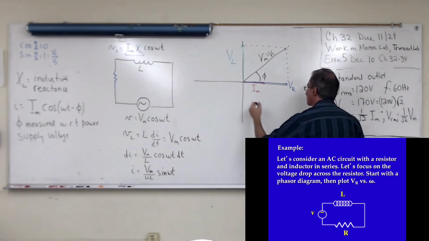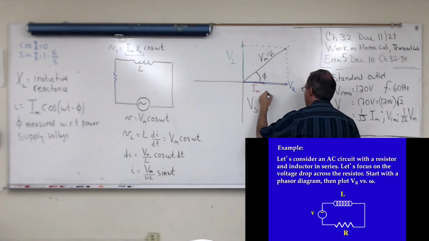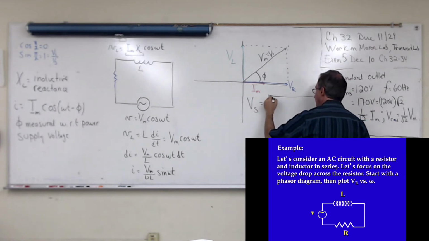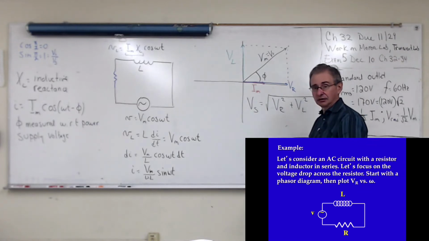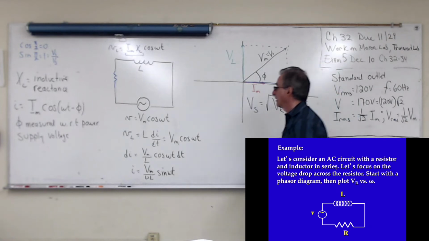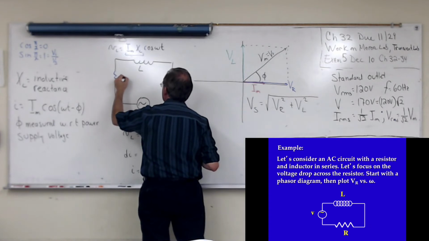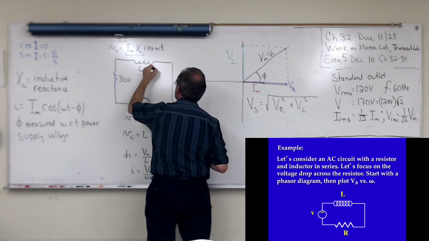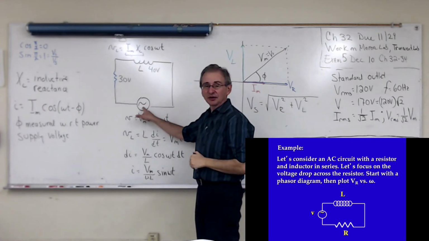And so the power supply voltage is going to be the square root of V sub R squared plus V sub L squared. You cannot say that if this is 30 volts and this is 40 volts, this is 70 volts.